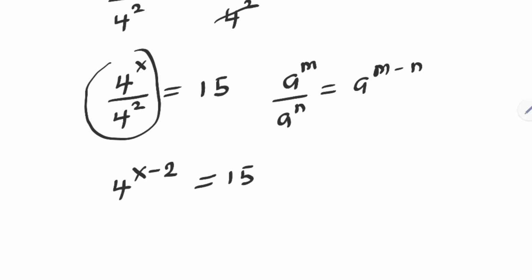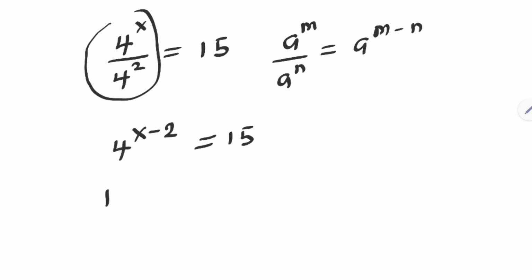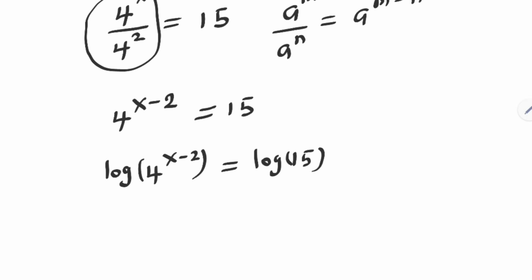Let us take the log on both sides of this equation. Log 4 raised to power x minus 2 is equal to log 15. Then if you have log a raised to power m, this is equal to m log a.